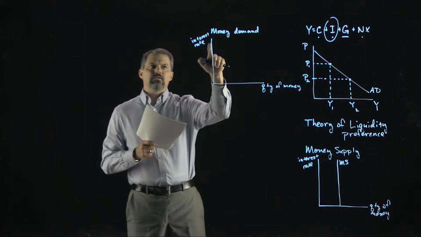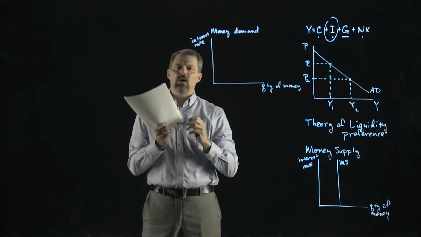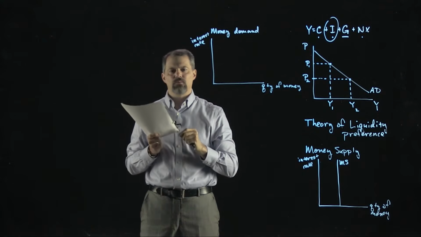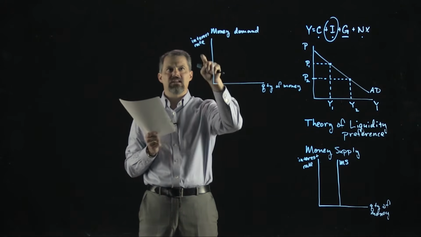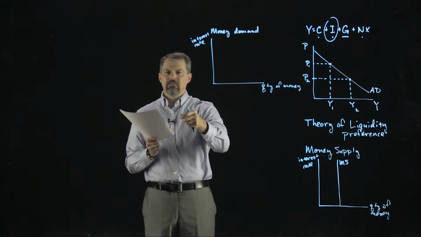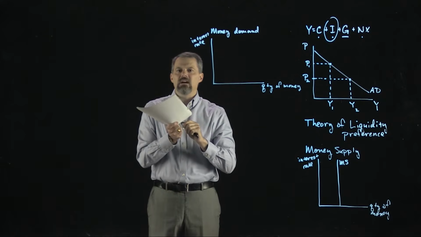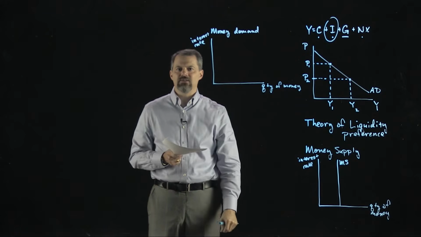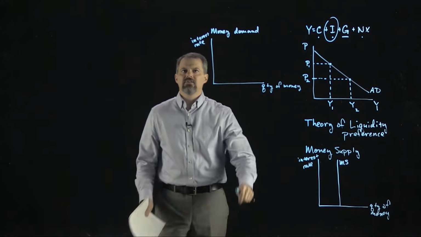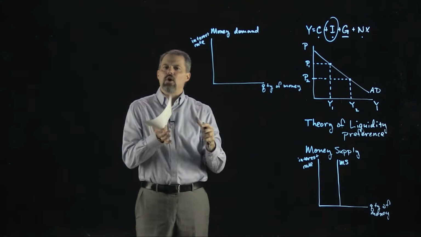The higher the interest rate, the smaller the quantity of money you're going to want to hold in your checking account. And the reason there is that the interest rate is the opportunity cost of holding money. It's the amount of money that you give up because you're not going to be lending your money out. So if the interest rate is high, all other things equal, you're going to want to hold less money.